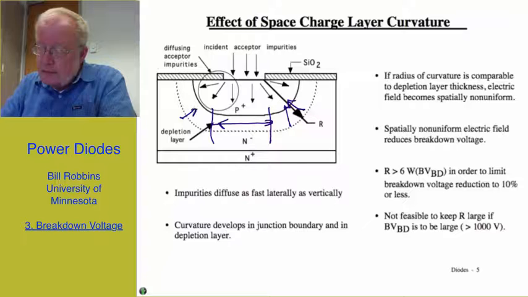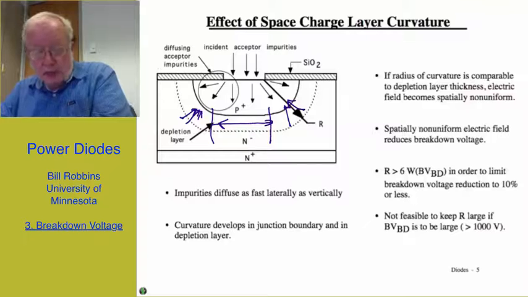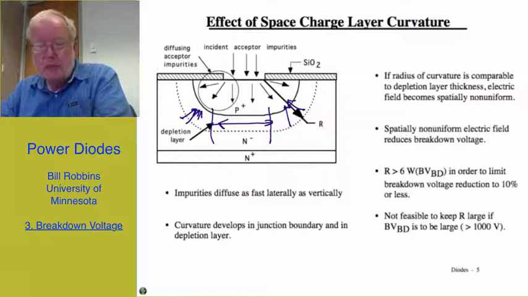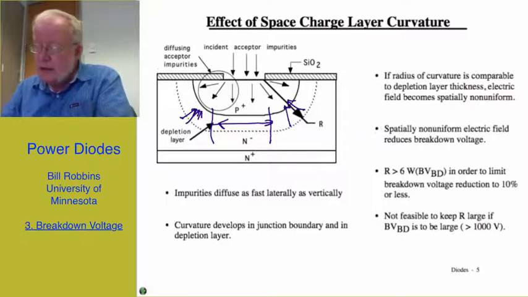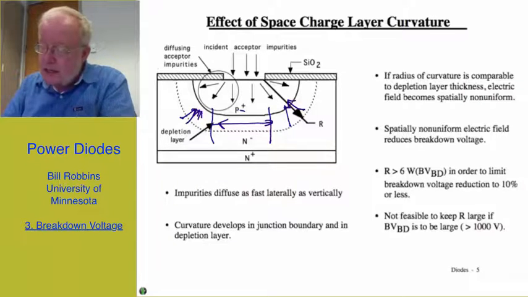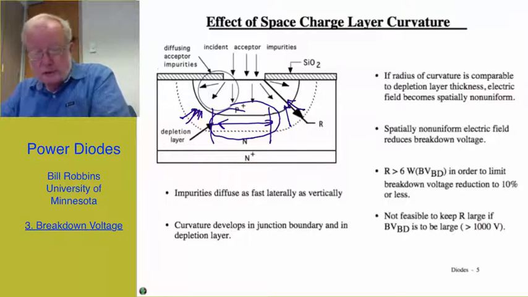In fact, this field crowding problem is exactly the same as what we have in a coaxial cable, where the field at the center conductor is significantly larger than the field at the outer conductor. And because of this, our achievable breakdown voltage may be significantly less than what we estimate on the basis of this plane parallel section that I've encircled here.